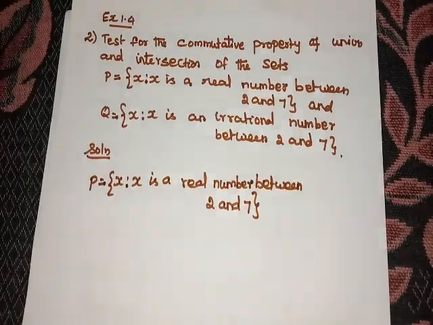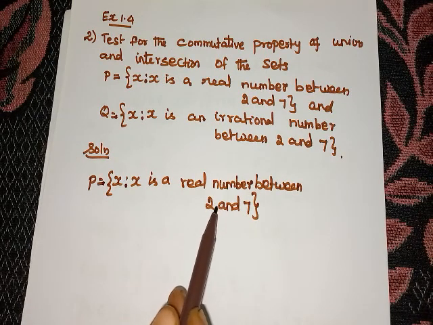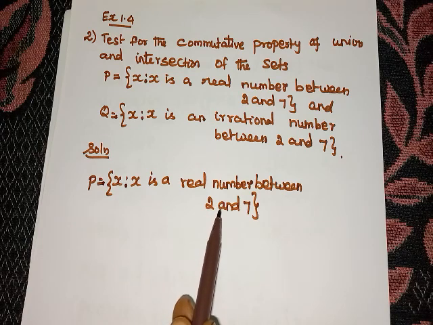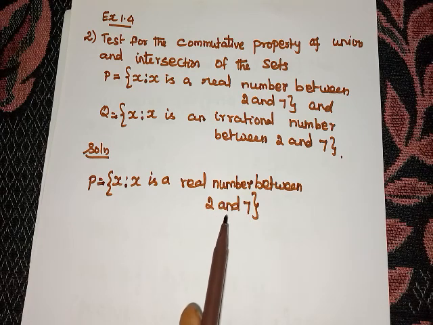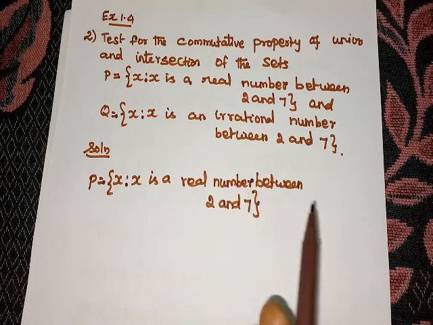Okay, what is meant by that? In between 2 and 3, what are the irrational? 2.1, decimal numbers also will come here. 2.1, 2.2, 2.3, 2.4 up to infinity. After that 3.1, 3.2, 3.3, etc. up to infinity. Then 4.1, 4.2, etc. up to infinity.